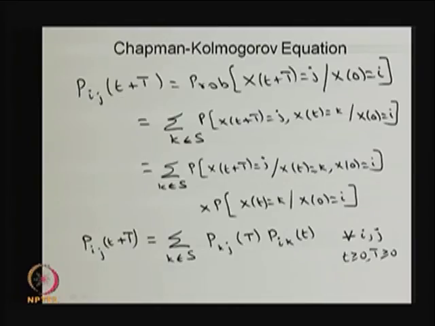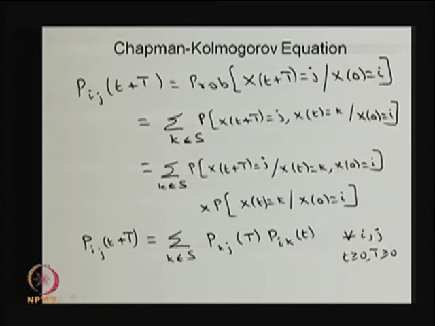Therefore, by using the Markov property of a continuous time Markov chain, this is the same as the probability that the system was in the state k at time small t and moves into the state j at the time point t plus capital T. First you use the Markov property, therefore this is the transition probability of t to t plus capital T, moving from the state k to j.